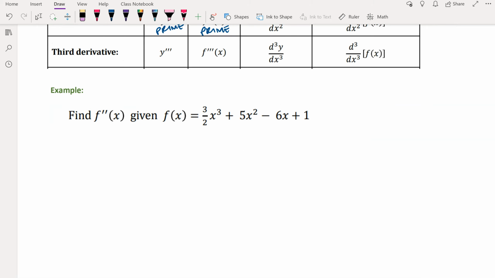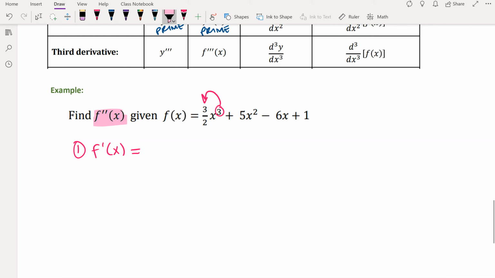And I want you to find f prime of x. So if we're finding f double prime, right here we're trying to find the second derivative. The first step is to find f prime. So first, f prime of x equals, so go ahead and find f prime of x. All right, and now I'm going to do f prime of x. So we have the 3, it multiplies out in front.